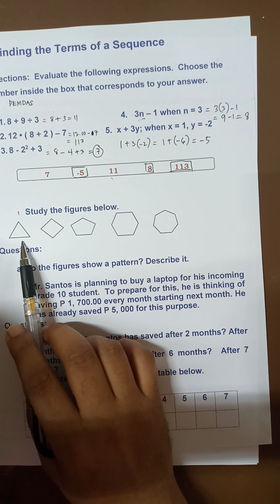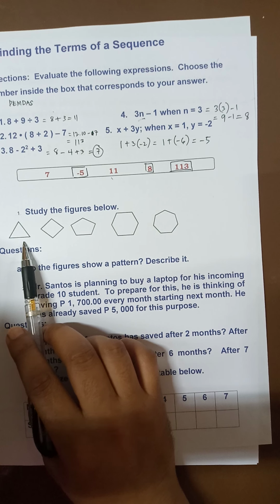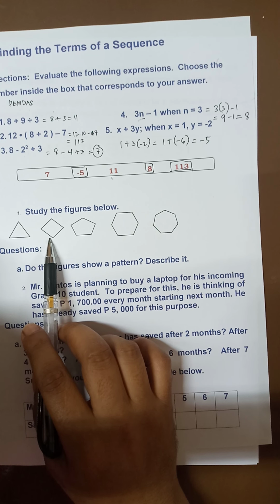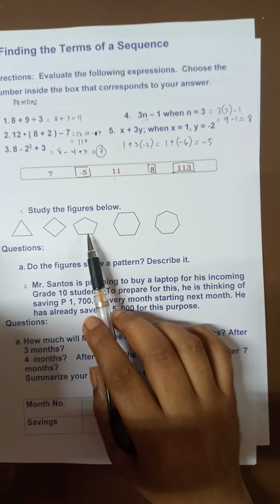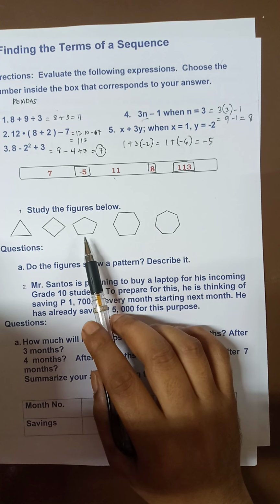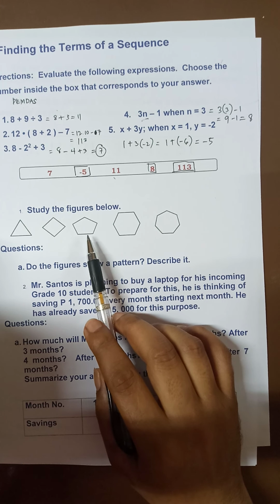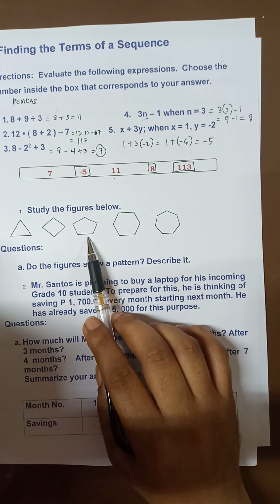Figure number 1 is a triangle having 3 sides. The second figure is a square, a closed shape polygon that has 4 sides. The third one is also a polygon having 5 sides, and this is what we call a pentagon.